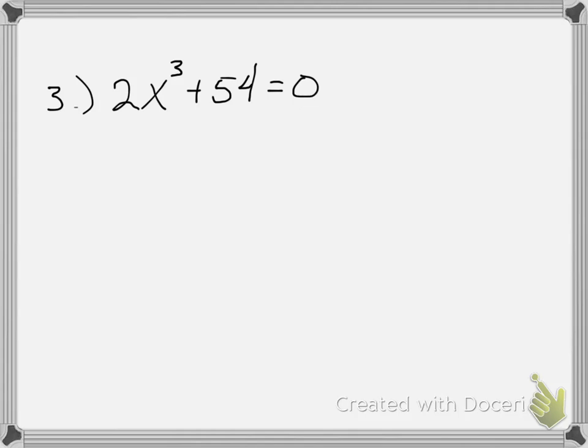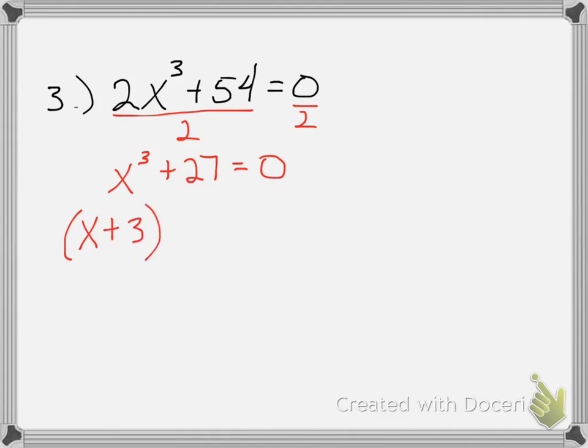And in this case, I can divide out a 2. So if I divide both sides by 2, I'll be left with x cubed plus 27 equals 0. Now I have the sum of 2 cubes. So when I factor using my pattern, I get x plus 3. And then applying the rest of the rule, x squared minus 3x plus 9 equals 0.